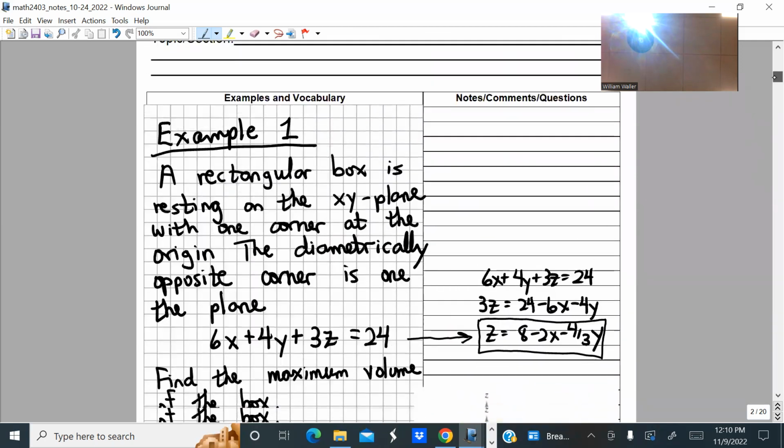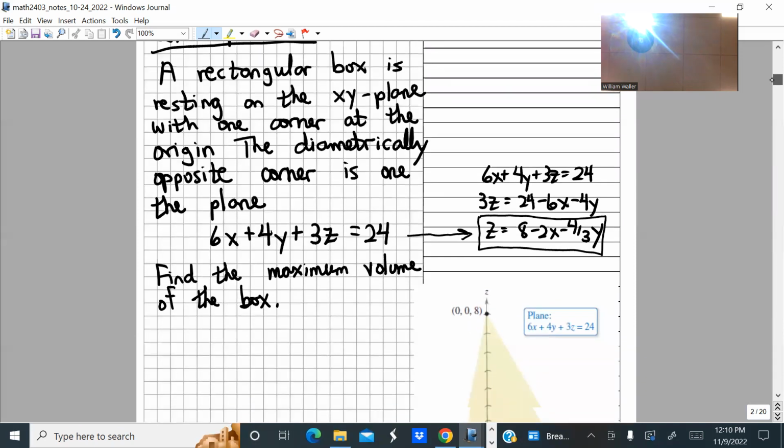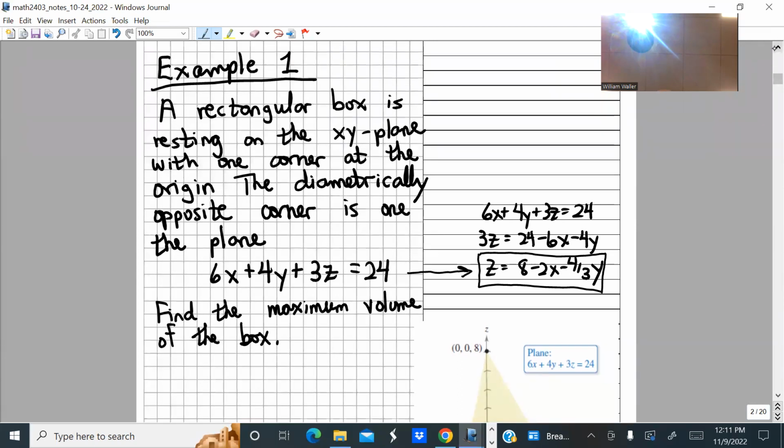Let's try one more example of extrema, and then we can finally get back to integration. So this looks like a word problem from calculus. You've seen problems like this one before, but we're just going to translate it to 3 dimensions.